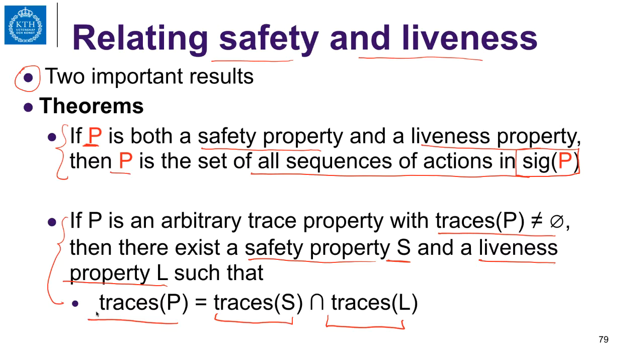So this says that any arbitrary property is a conjunction of a safety property and a liveness property. This is the intersection. These are the sequences that satisfy both the safety and liveness. By this, we end this unit on trace properties.